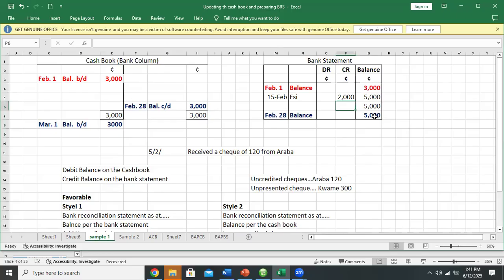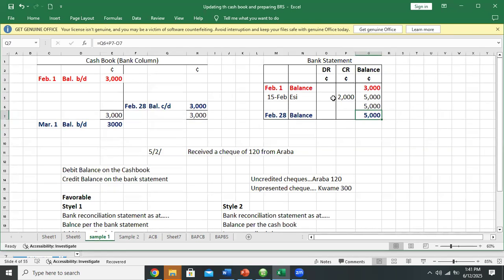So here again, we can start with the balance per the bank statement and adjust it so that we get an amount equal to what we have in our cash book. In that case, what will you do? You will less the wrong credit.